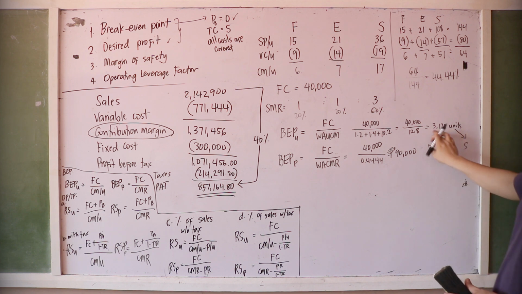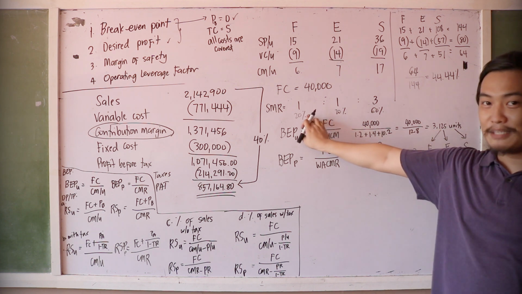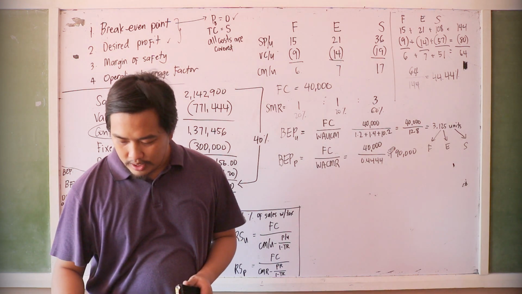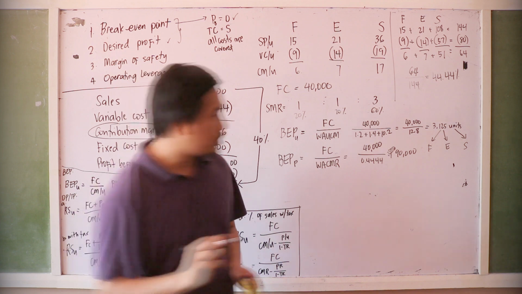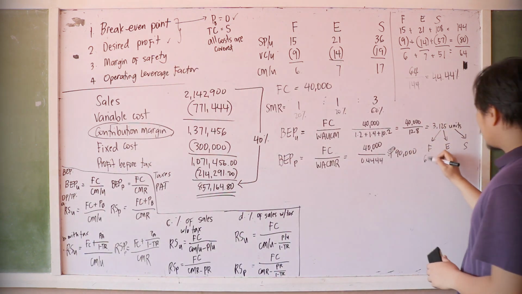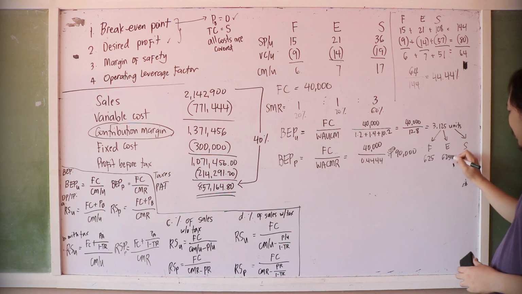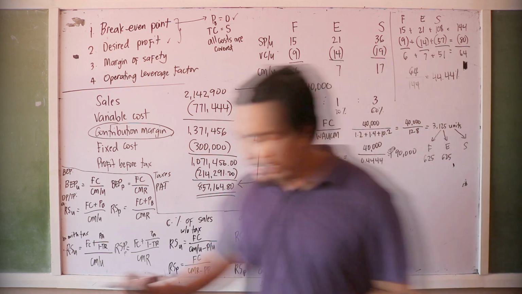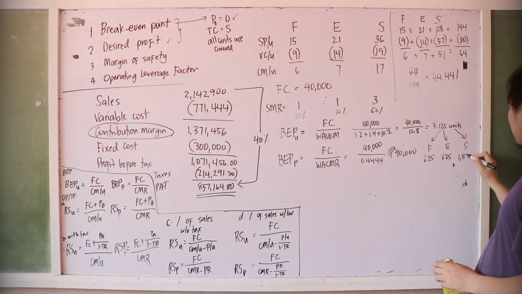Simple lang. Itong 3,125 units na ito, we just multiply it by the sales mix ratio. 3,125 times 0.2. So, 625 units ng floor wax. 625 units din ng eraser. Multiply lang natin by 3, 1,875.